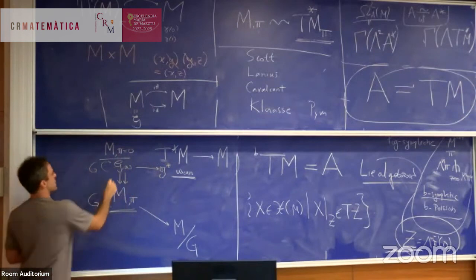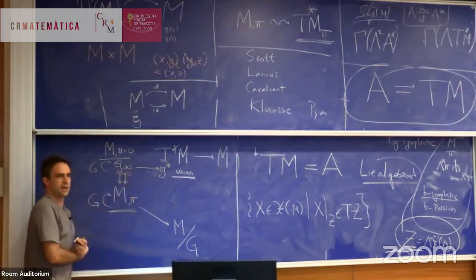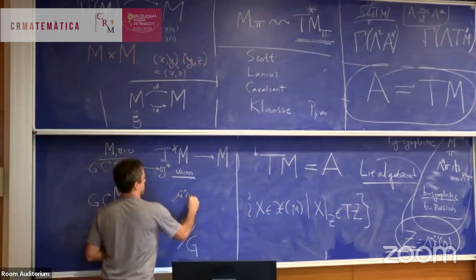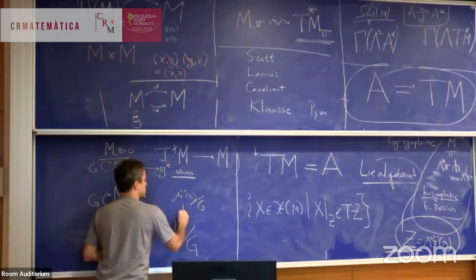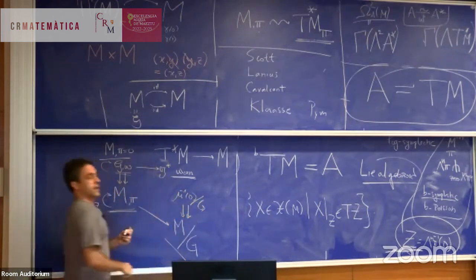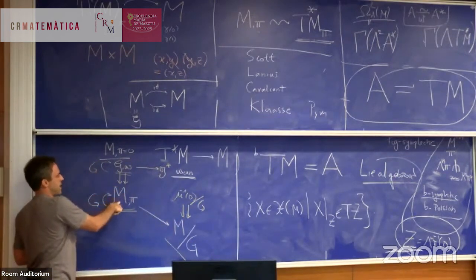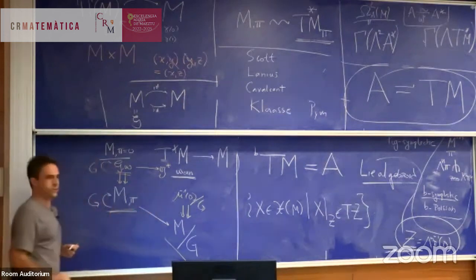And then you can do Marsden-Weinstein reduction of this guy as a symplectic manifold, right? And this will be the groupoid integrating this guy.